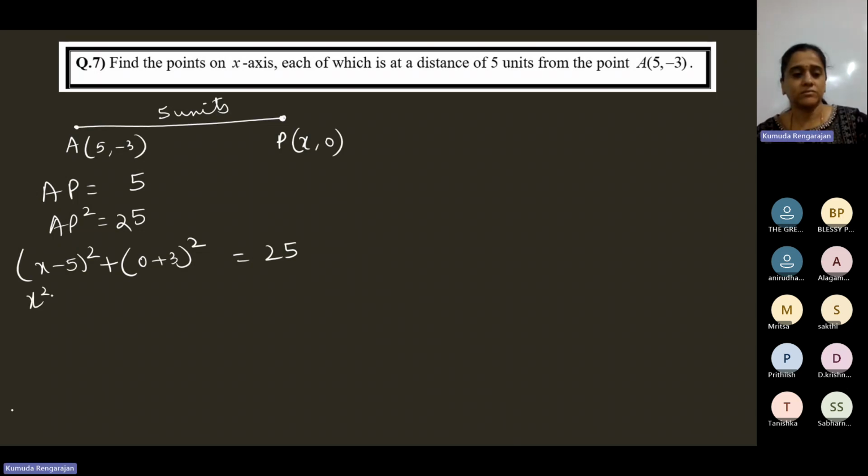X square plus 1, x square minus 10x, no?